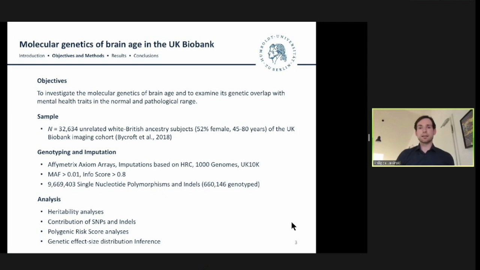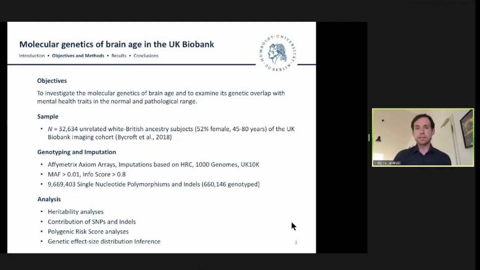We just selected those which are common, with a minor allele frequency higher than 1% and with an imputation quality score above 0.8. This resulted in about 9.7 million single nucleotide polymorphisms, as well as insertion deletions, suitable for our analysis.